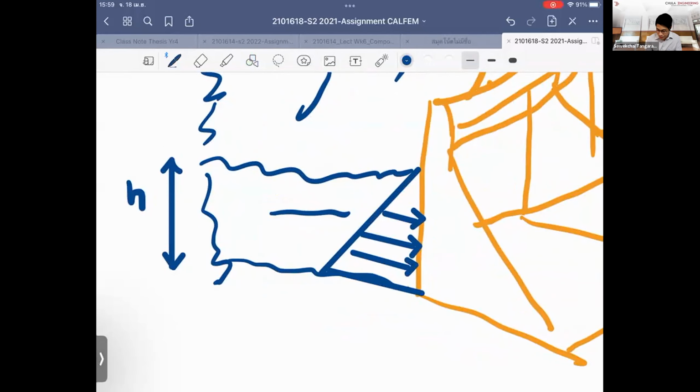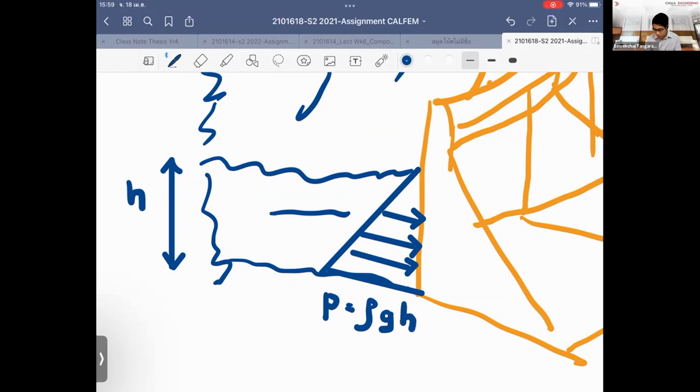the pressure underneath this is equal to rho, which is the density of the water, which is 1,000 kilograms per cubic meter, times g, which is the gravity acceleration, which is 9.81. So we can approximate them to be 10, right?